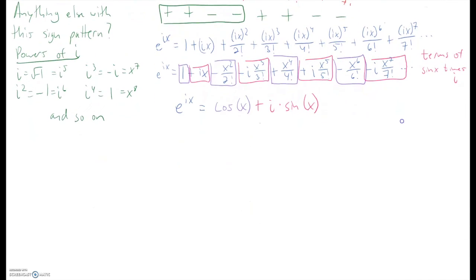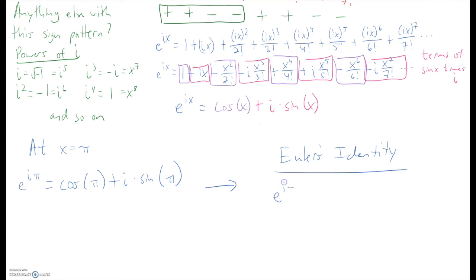What happens when you evaluate it at x equals pi? Evaluating at pi, you would get that e to the i pi equals cosine of pi plus i times sine of pi, which leads to what's become known as Euler's identity.